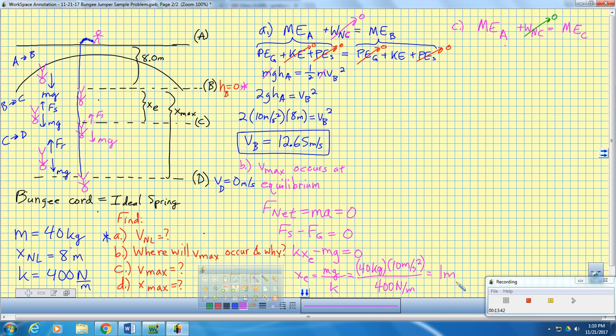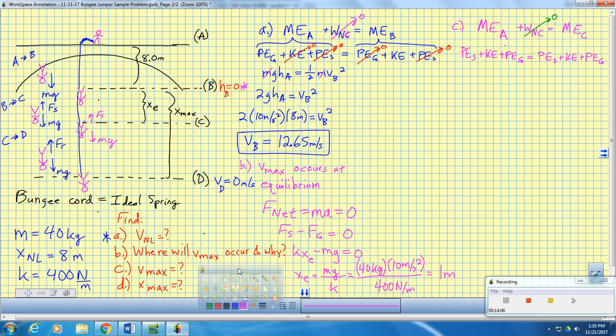All right. Then we want to compare the energies at A to the energies at C. And when I say energies, I mean different forms of spring potential, kinetic, and gravitational PE between those two locations. And I always find it's a good idea to write out this step and then just cancel out whoever's going to be 0.